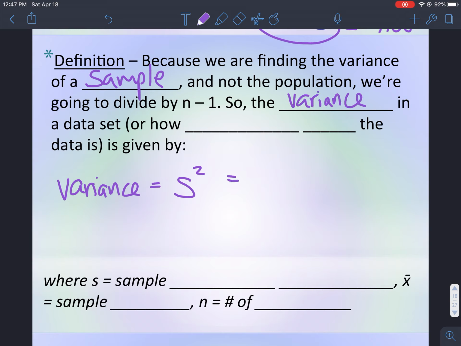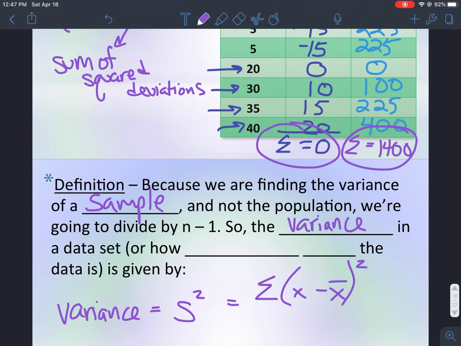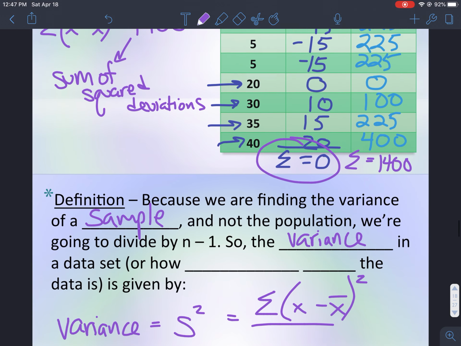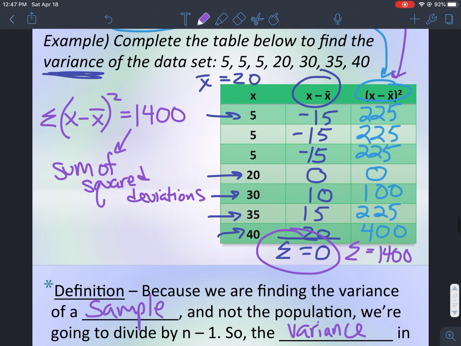And we're going to include those squared deviations from the mean, this number. But it also doesn't make sense. So if you had, say, ages here, it wouldn't make any sense to use a number of 1400 as some sort of comparison for how spread out the data is.